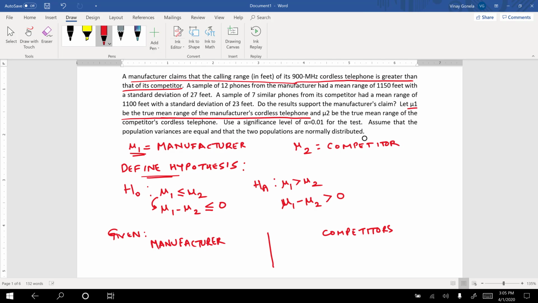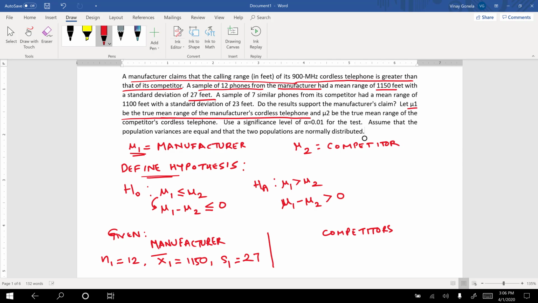Let's see what they said about the manufacturer. A sample of 12 phones from the manufacturer had a mean of 1150. Sample is 12, so our n1 is 12, the mean x1 bar is 1150, and the standard deviation is 27 feet.